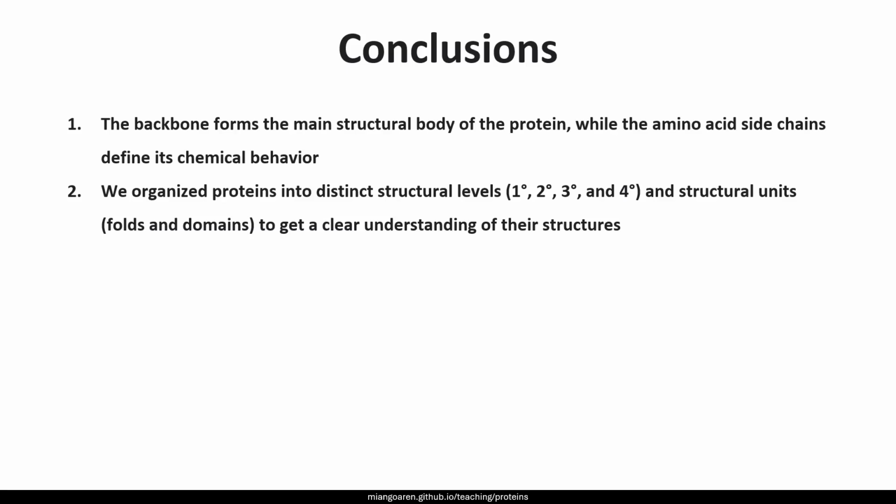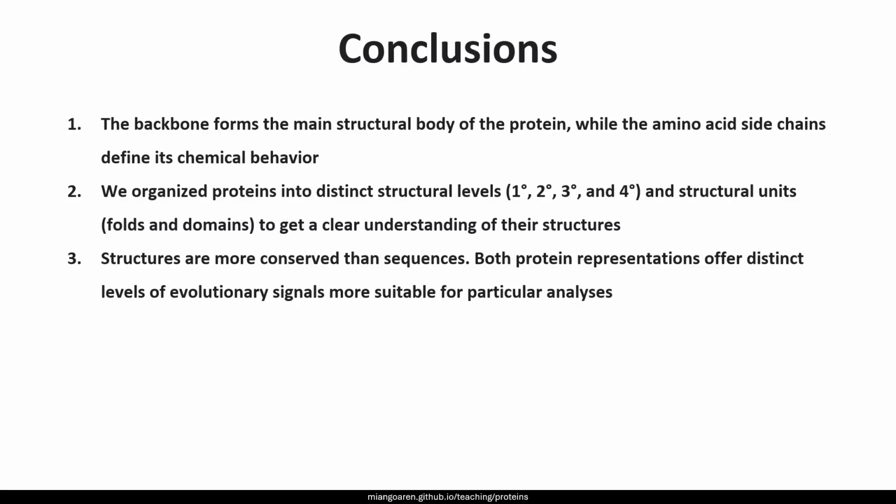As a second conclusion, we as people organize or create these categories of primary, secondary, tertiary, or quaternary structure of proteins, just as we create structural units that we refer to as folds or domains to better understand protein structure, which we now see is much more diverse than perhaps we had thought.